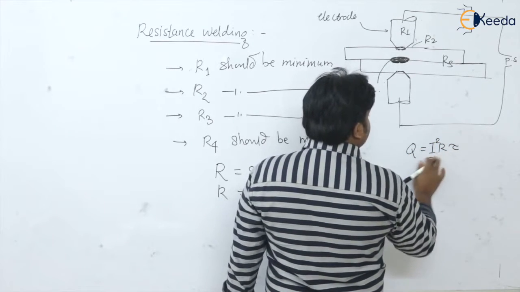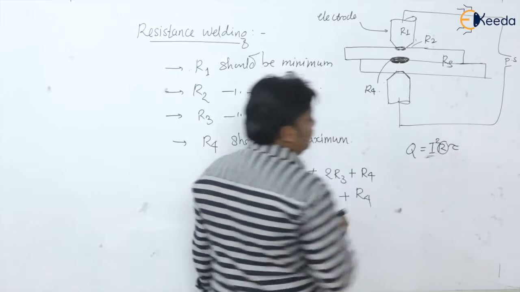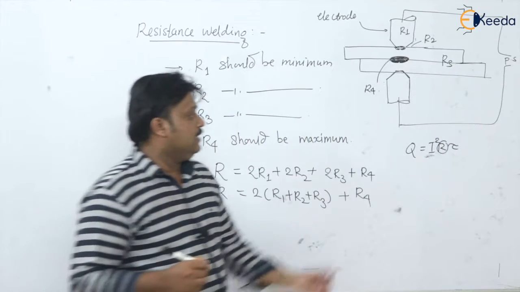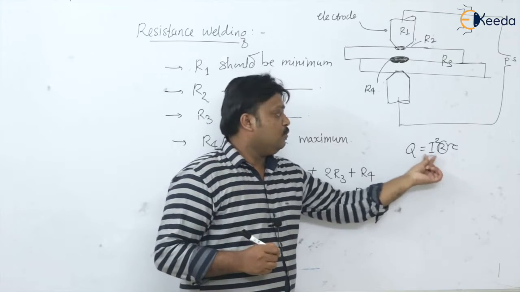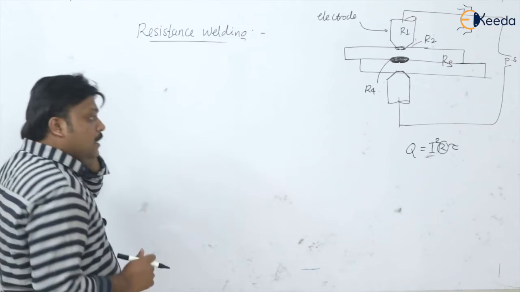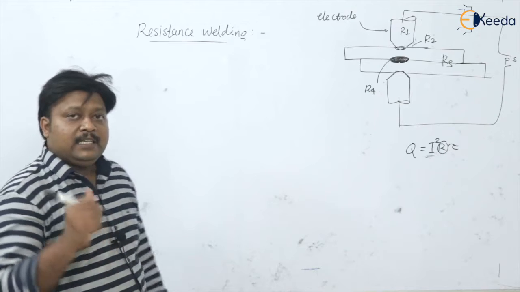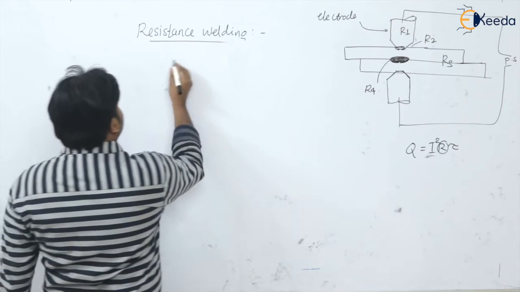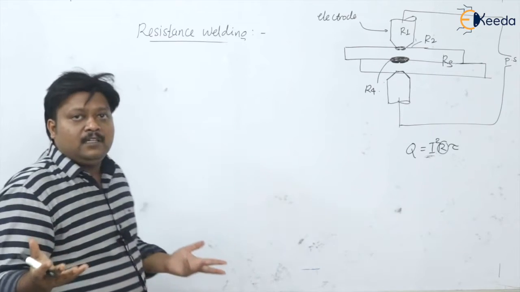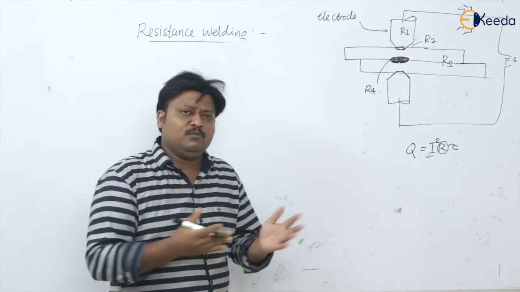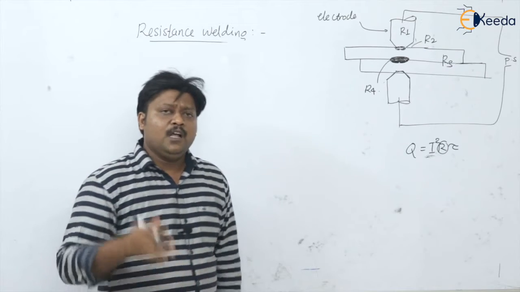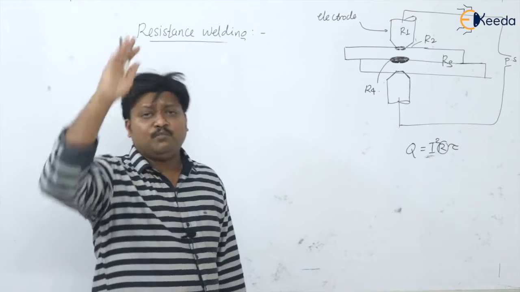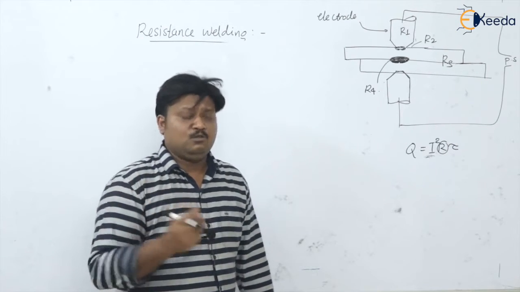So we talked about the resistance. Now if I talk about the current, see here, if we talk about the current conditions in resistance welding, the current is very high. The range of the current is from 9,000 to 12,000 ampere, but in some cases it can go up to 40 to 50,000 also.